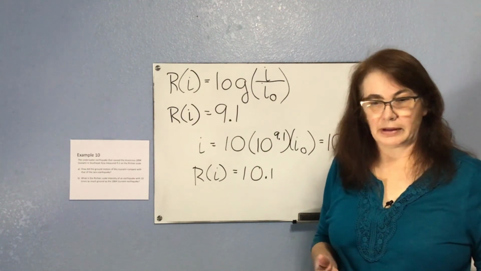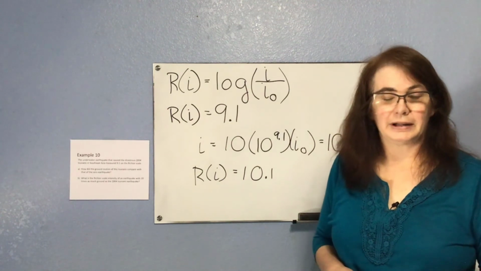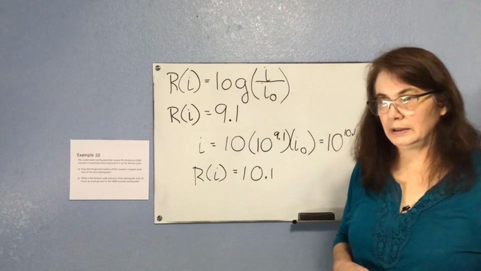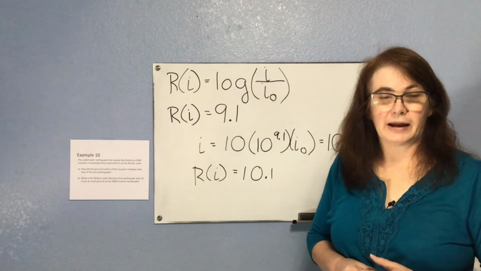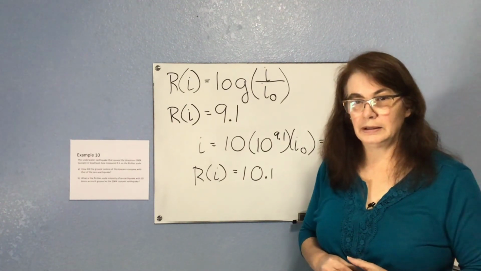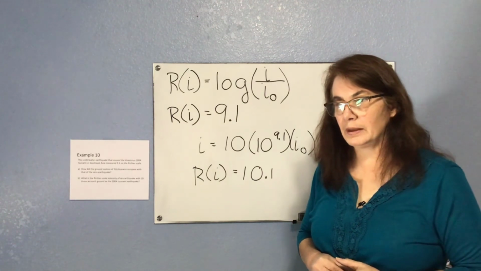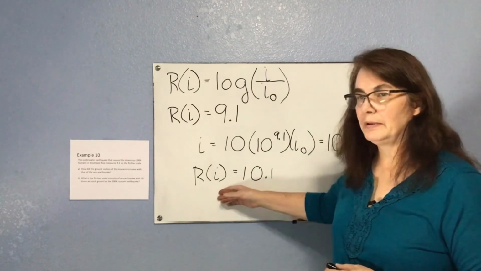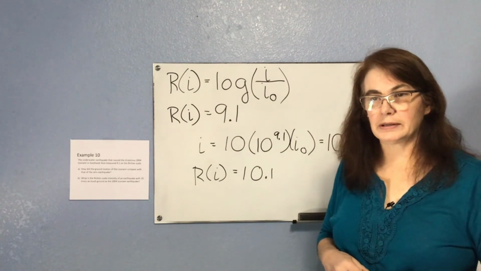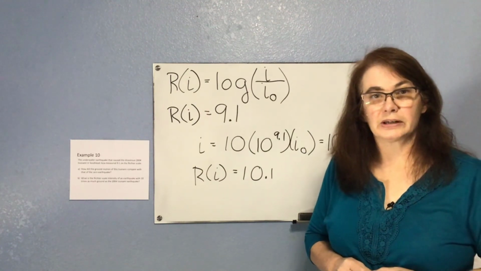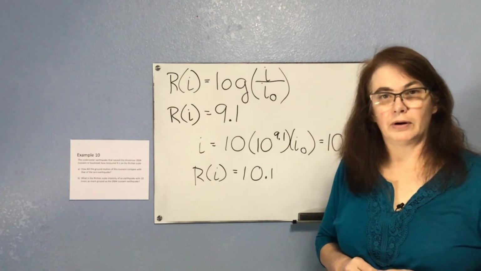It sounds like, well, it's two more, but it's 100 times more. And a 7 then would be 10,000 times more than a 3. So the intensity goes up pretty rapidly. There's another Richter scale problem in your checkpoints. It's the last one for this section, and then you'll be ready to go on to your homework.